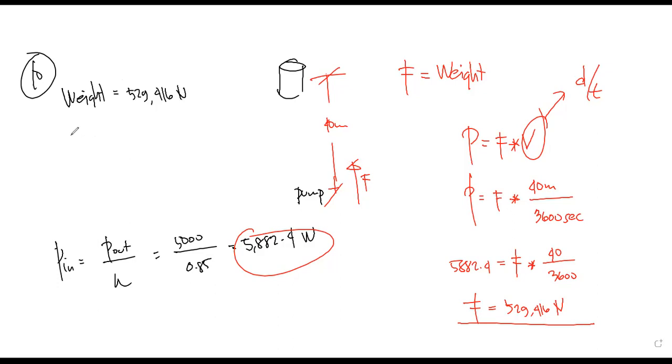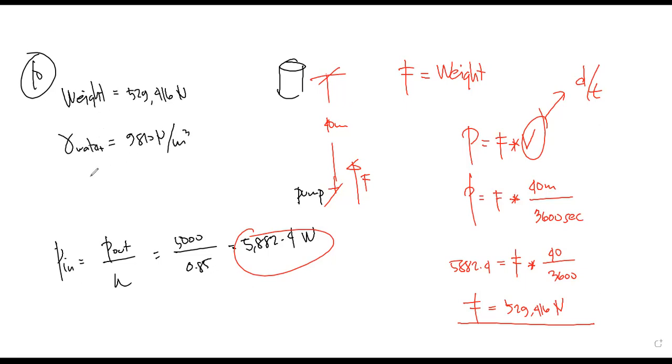And the specific weight of water is equivalent to 9,810 Newton per cubic meter.